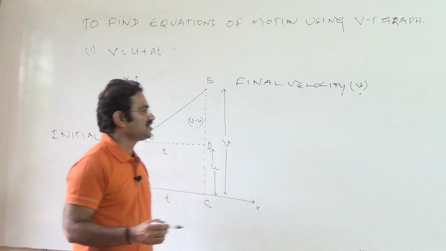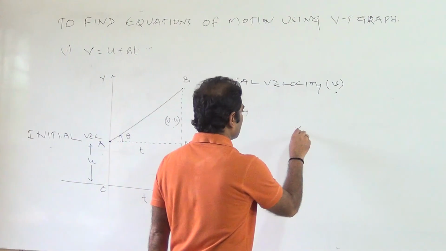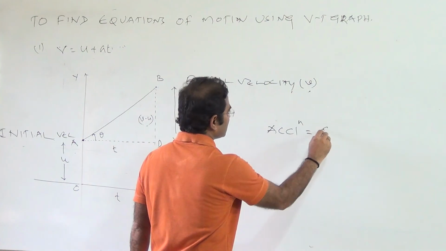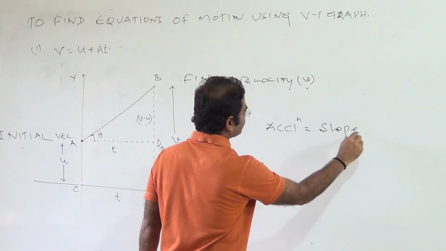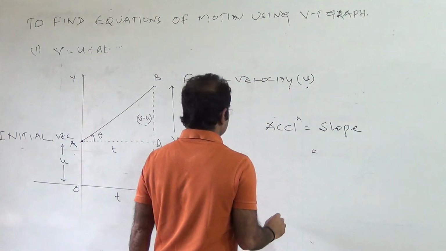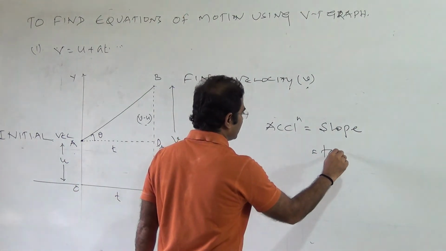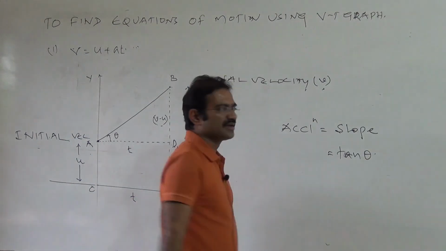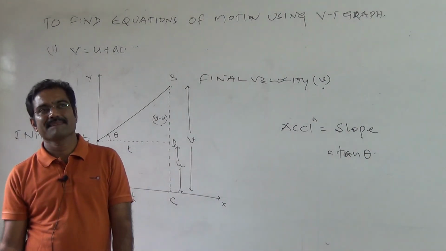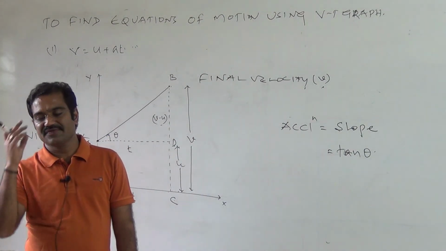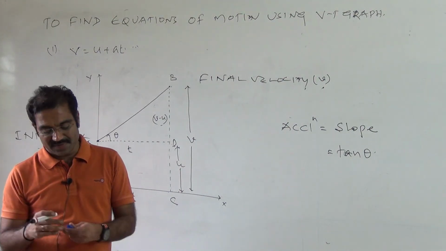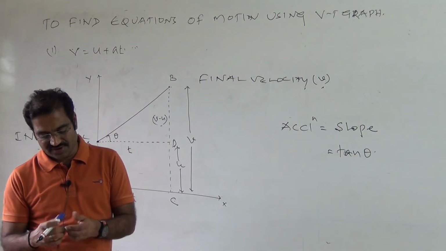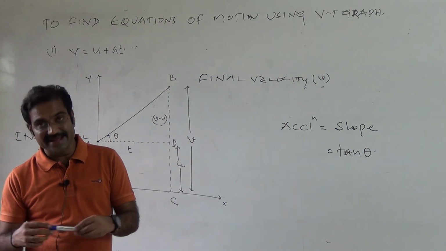Now what is the definition of acceleration? Acceleration is nothing but slope. Slope is nothing but tan theta. Remember this one. Slope in physics, we take the help of that word, tan theta.